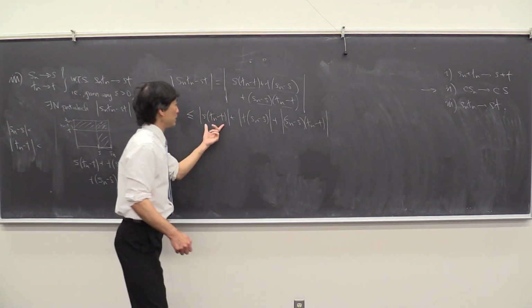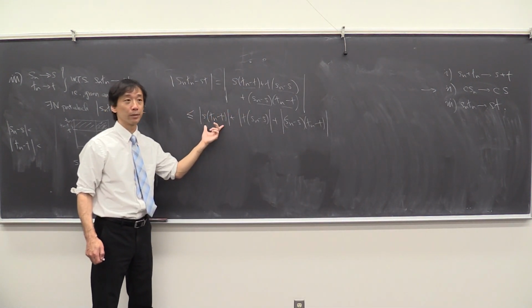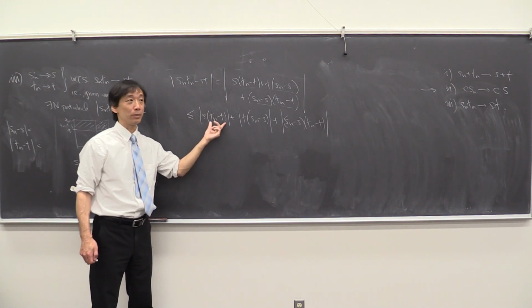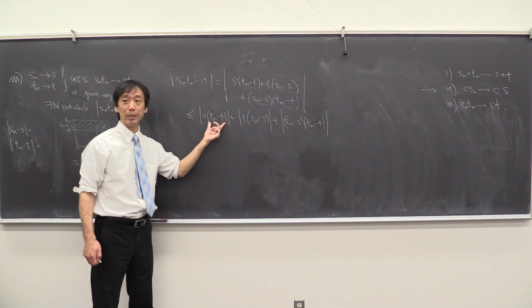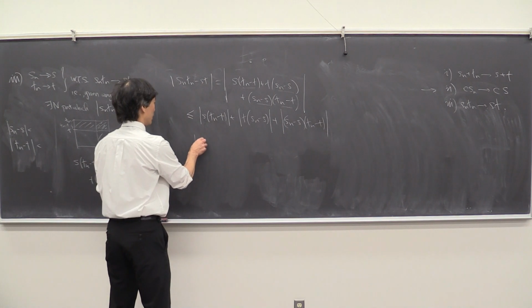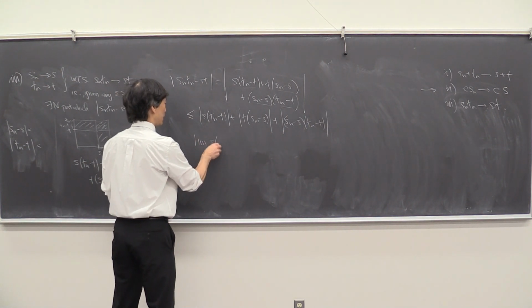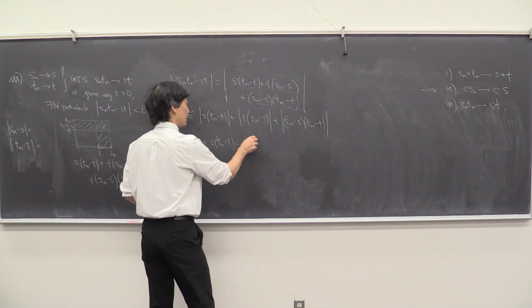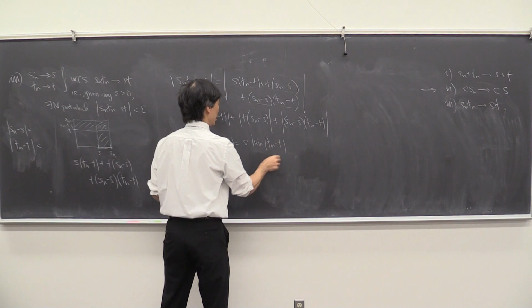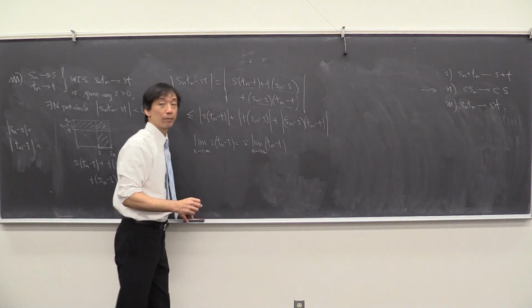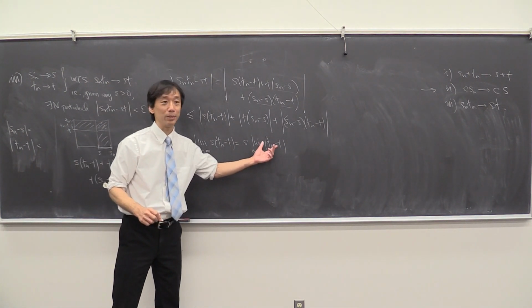So what's going to happen to this as n goes to infinity? The limit of S times Tn minus T is the same thing as S times the limit of Tn minus T as n goes to infinity. Well, what's the limit of Tn minus T? That's just 0.